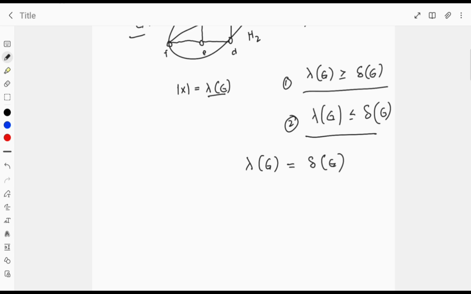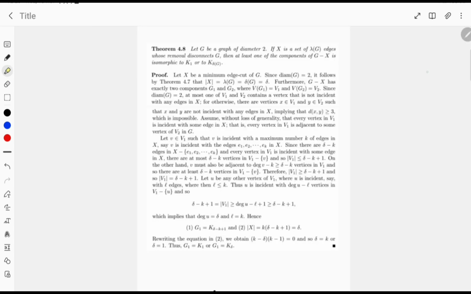Theorem 4.8: let G be a graph of diameter 2. If X is a set of lambda of G edges, that is the edge connectivity, or the minimum number of edges to remove to disconnect the graph, whose removal disconnects G, then at least one of the components of G minus X is isomorphic to K1, this one, or this one.